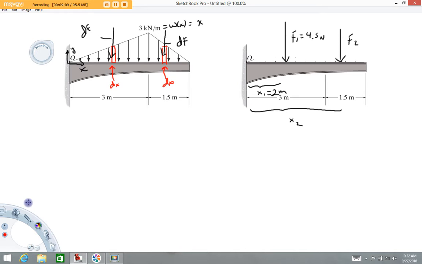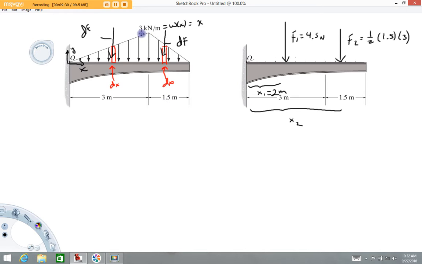All right, this force 2 has to equal the area bound under this triangular piece, just like in the previous example. And that's going to equal 1/2 times 1.5 times 3. And I'm just going to talk about units out here.